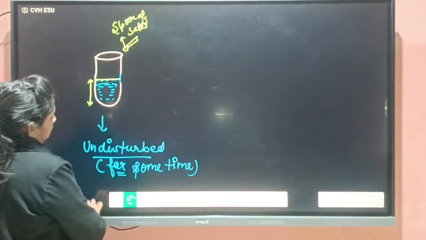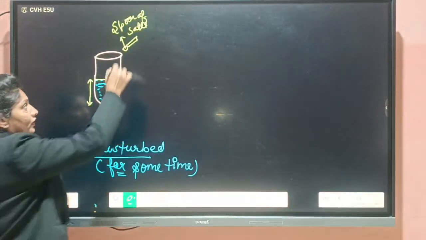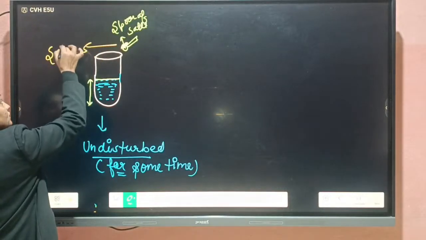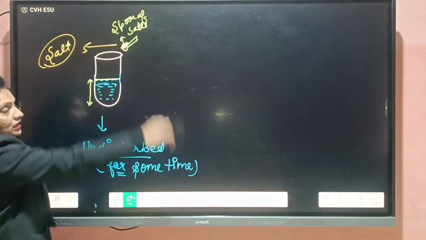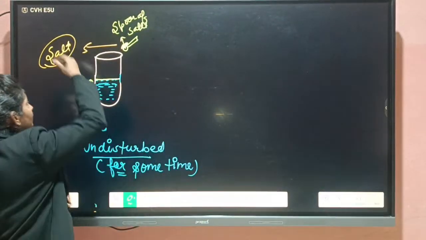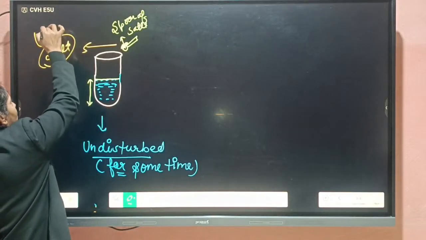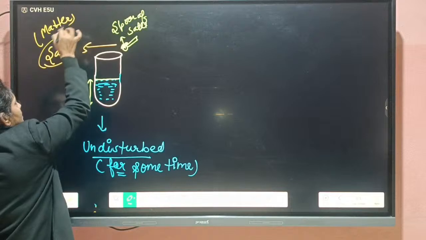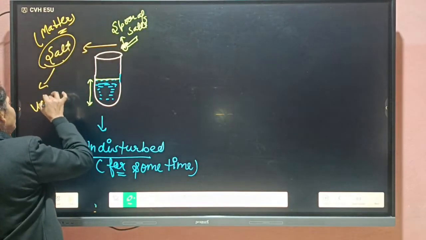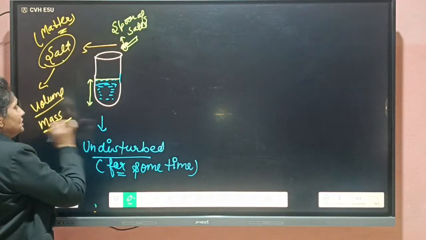We will measure the level again. Students, you know very well, if some salt is filled in this spoon, salt has mass and salt has volume also, because it is matter. That's why it has some volume and some mass.